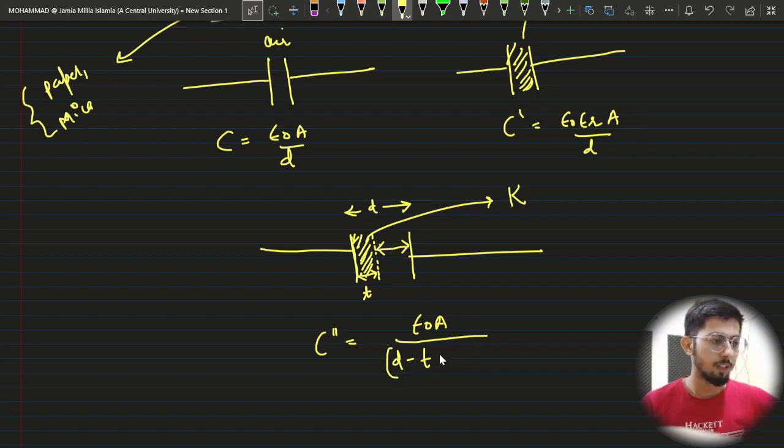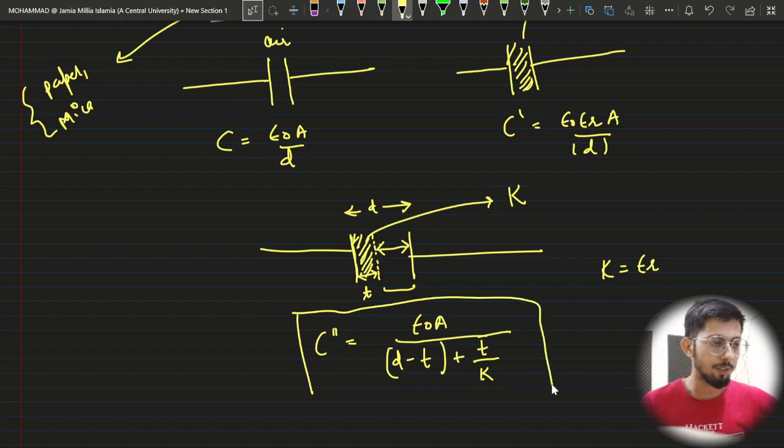For the air part we don't do anything, just the simple thickness. But for the part which constitutes dielectric, we take t divided by the dielectric permittivity, which is k or epsilon r, both are the same thing. This formula is very important, you get it very often in exams.